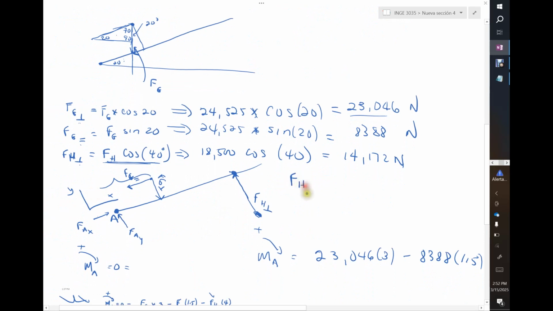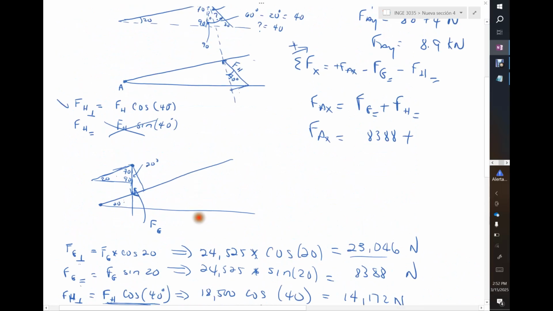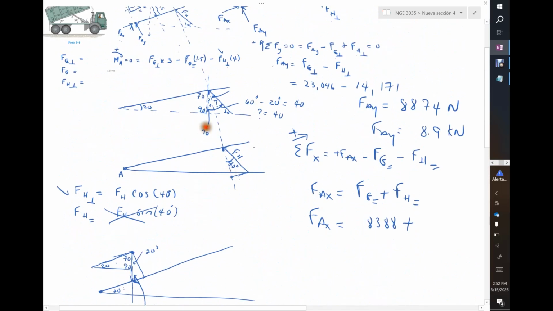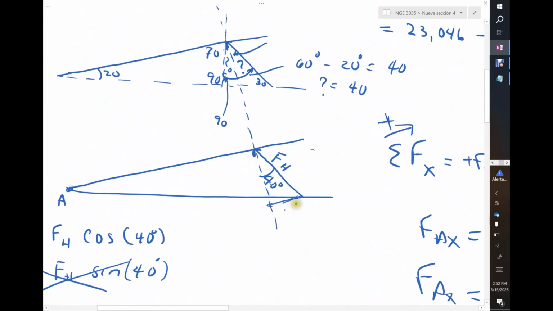FH, which is parallel, or tangential, to the bar, is going to be the value of the 18,500. Be careful here, times, now we are talking about this force here, the one coming down on the bar. So that means it's a sine of 40. It's this side, sine of 40.